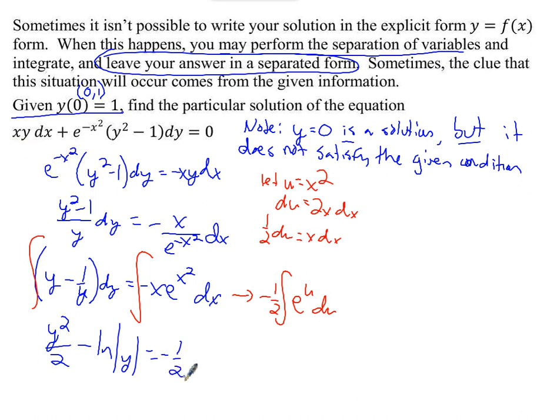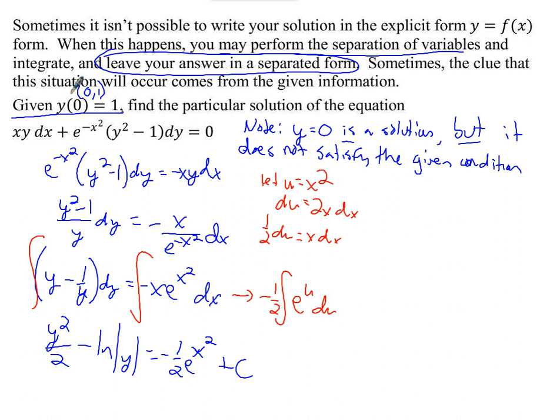And then the integral of e to the u is just e to the u. So that's e to the x squared. We done? Yeah, don't forget the plus c. Okay, now what? Solve for y.